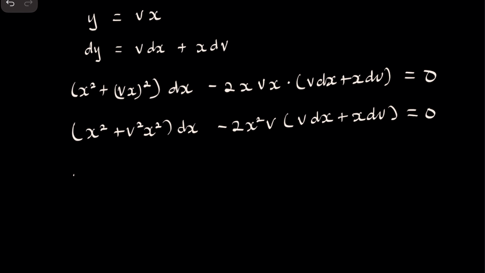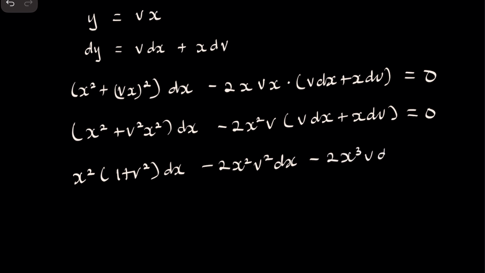Simplifying gives x²(1 + v²)dx. Then we distribute −2x²v, giving −2x²v² dx − 2x³v dv = 0.